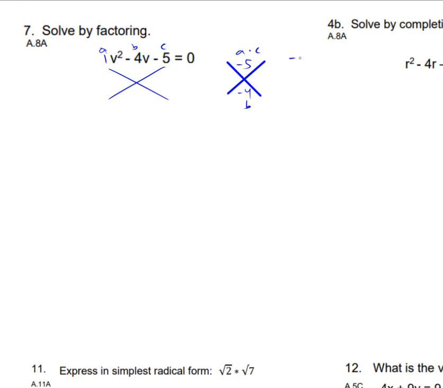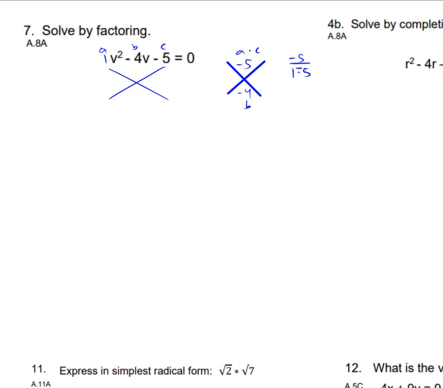So I'm going to go over here and write my factors of negative 5. My factors of negative 5 could be 1 and 5. In fact, that's all they can be, but one of those has to be negative to make this a negative 5. So if it wants to add up to get negative 4, it's going to be 1 plus a negative 5. In other words, I need two numbers to multiply to get negative 5.